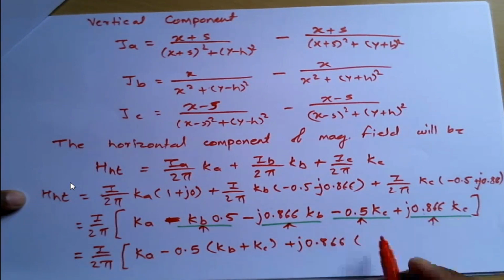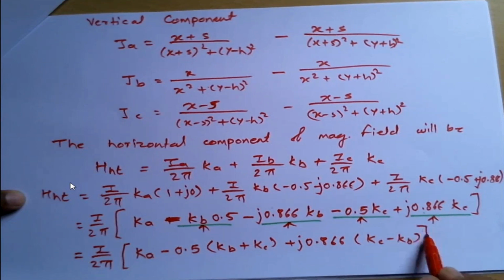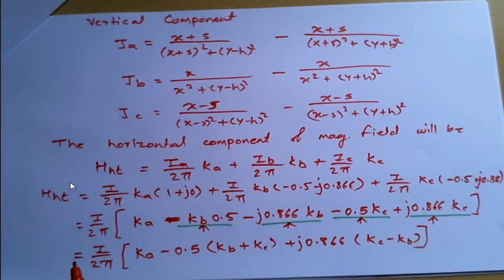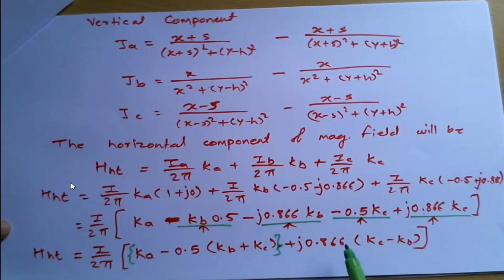In bracket, it will be Kc minus Kb. Okay, so this is nothing but the value of H of St in complex form. If we consider this equation, this is the real part and this one is the imaginary part.